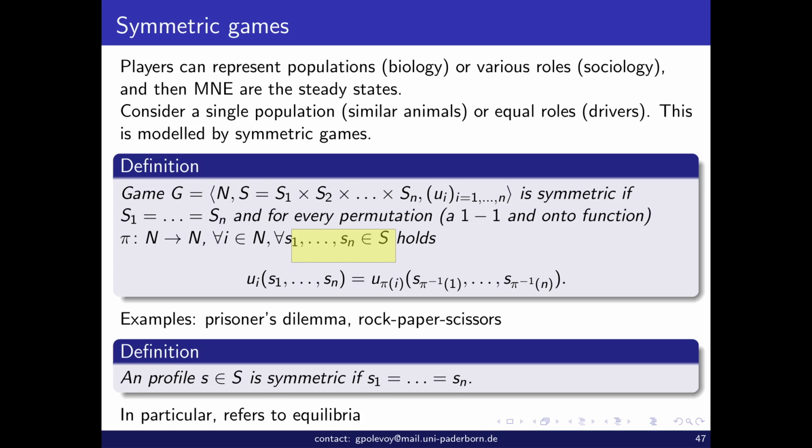So that's the maybe counterintuitive thing, that we permute the players with one permutation and the strategies with the opposite one. Of course, a permutation as a bijection always has an inverse function.